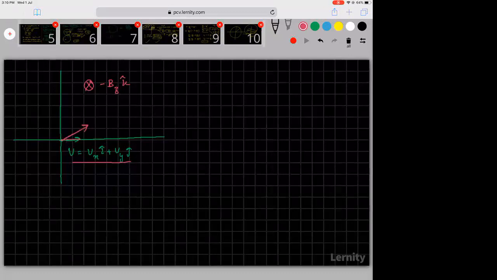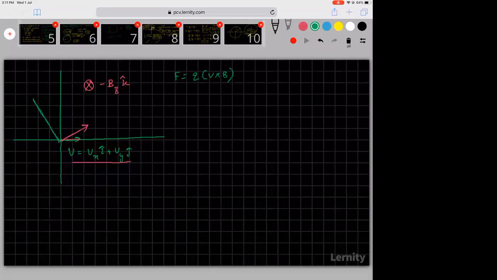Now the moment it has a velocity like this, what did the Lorentz force concept say? That F is equal to q into V cross B. So the center will be somewhere here, perpendicular to this.